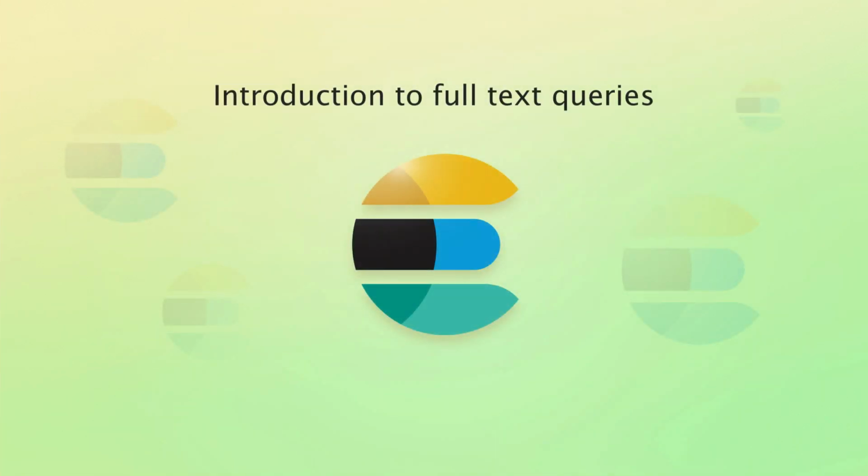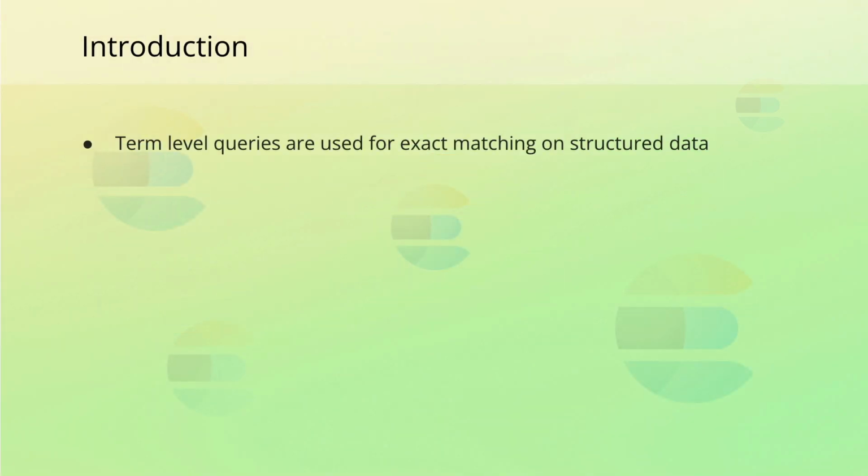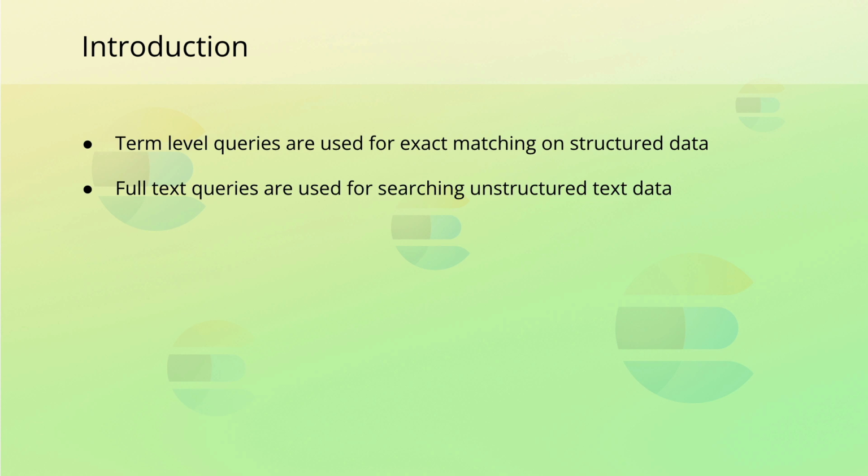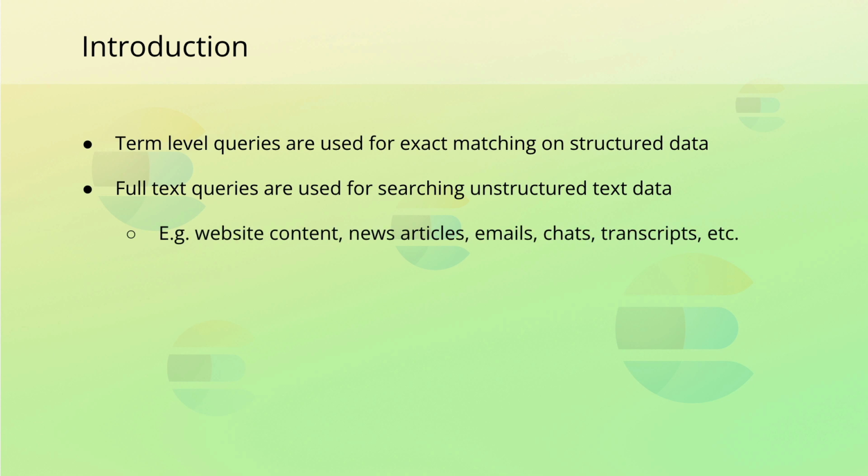Now that we have covered term-level queries, it's time to talk about full-text queries, being another group of queries. Where term-level queries are used for exact matches on structured data, full-text queries are used for searching through unstructured text data. A couple of examples are blog posts, news articles, comments, etc. Think of full-text searches as entering a query into a search bar, such as on Google or within a mail application.